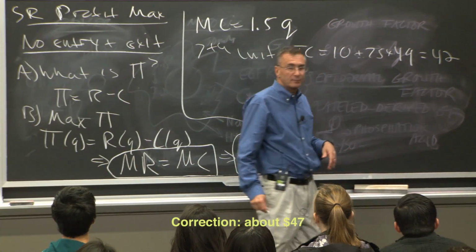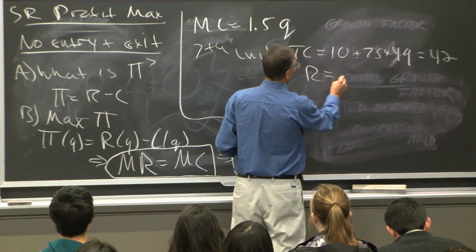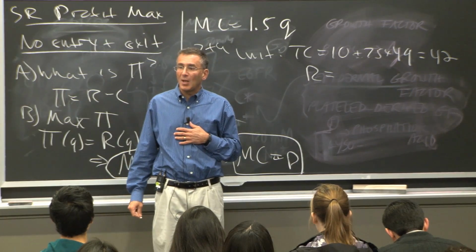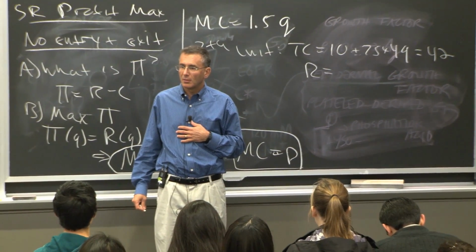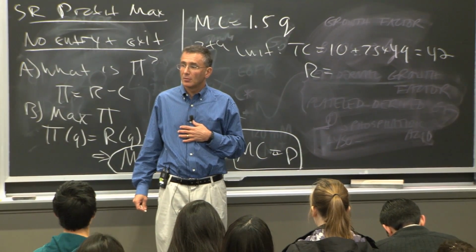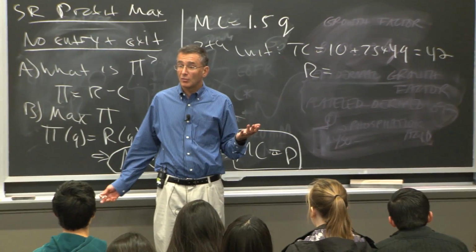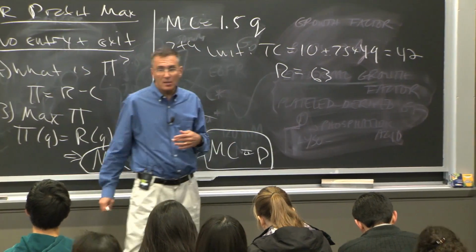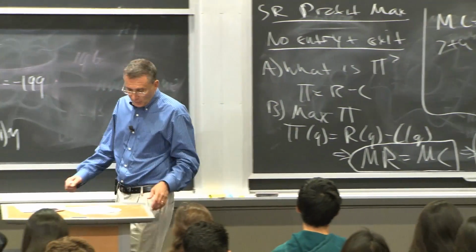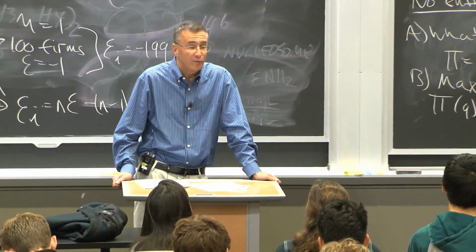Okay, what's the revenue? What's my revenue when I sell the 7th unit? I'm selling 7 units. The price is 9, so it's 63. My revenue is 63. My total costs are 42.